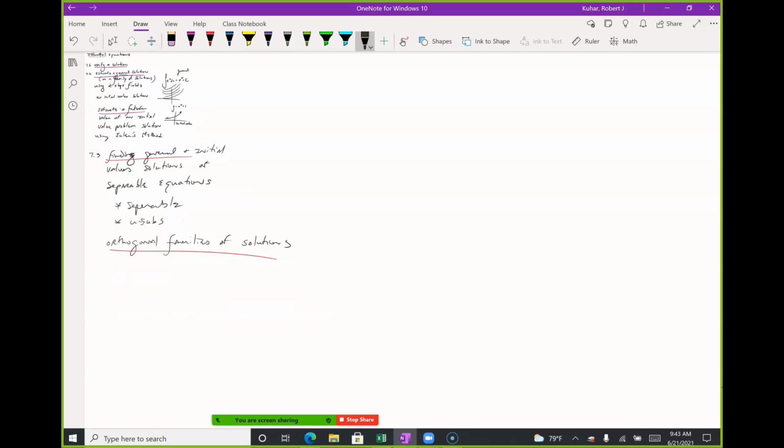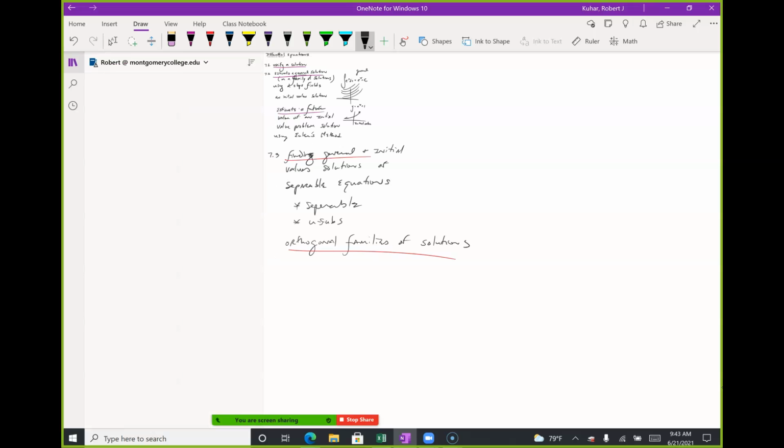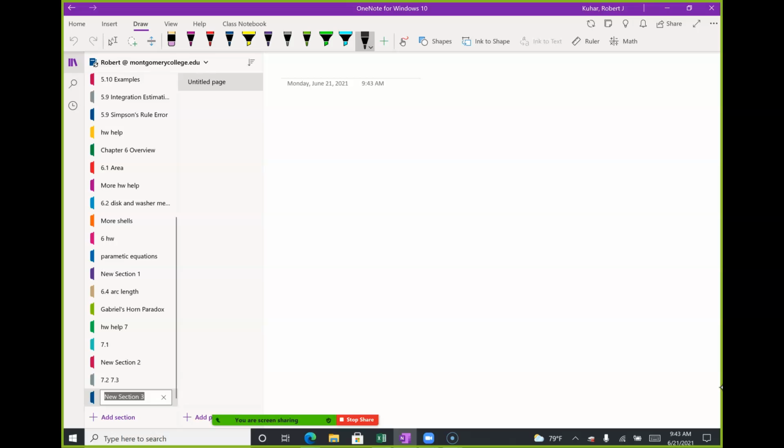Nice. So let's jump right into our 7.3, finding initial value and separable solutions, okay? So we're talking about 7.3 separable equations.